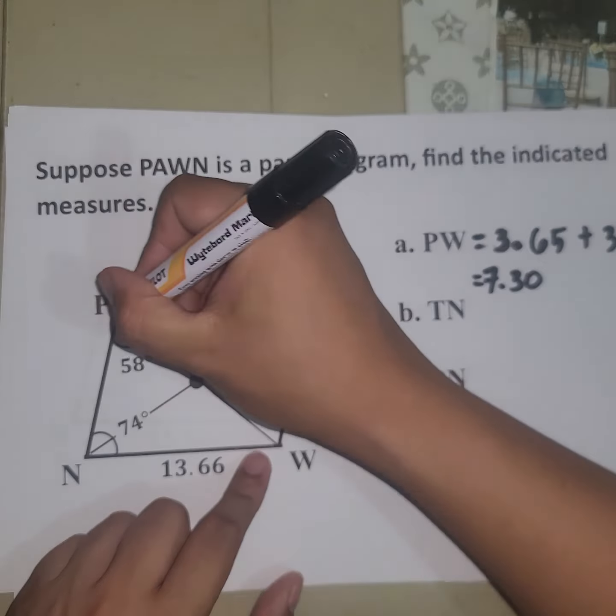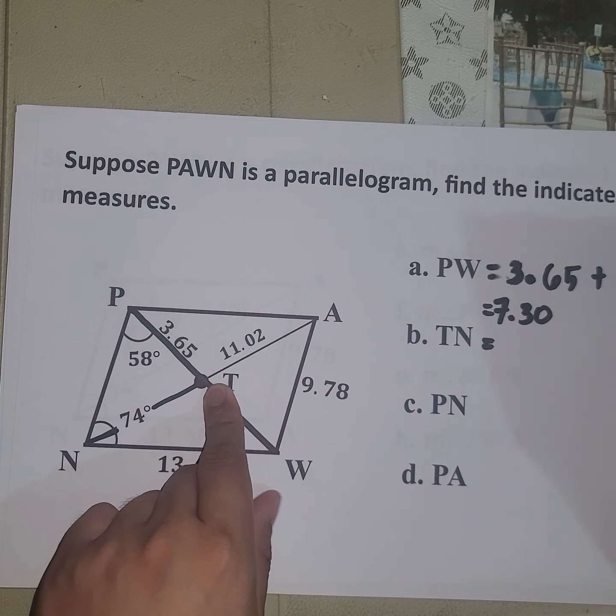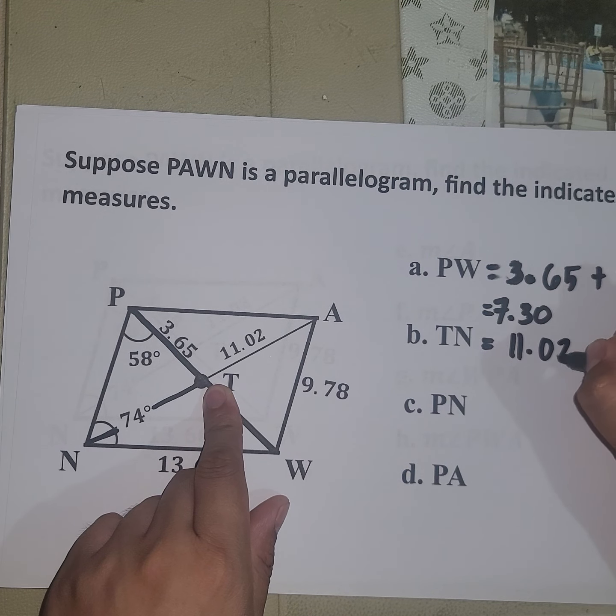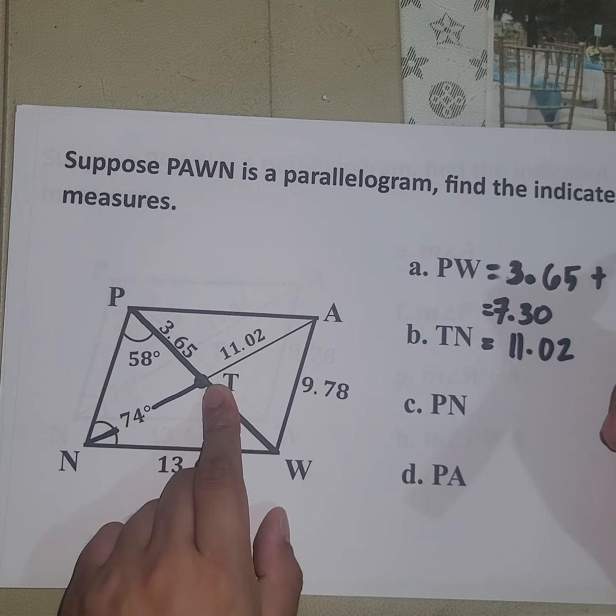Yung TN. What is the measurement of TN? That is 11.02. So, bakit siya 11.02? As you can see, the diagonal AN has a midpoint of T. And kapag midpoint, it divides the whole segment into two equal parts.